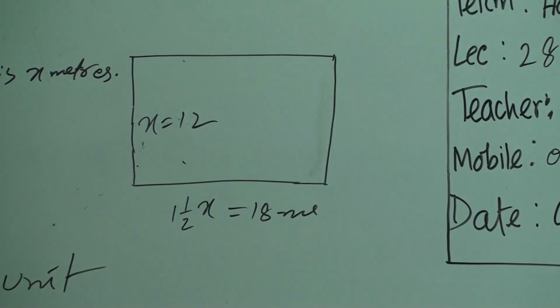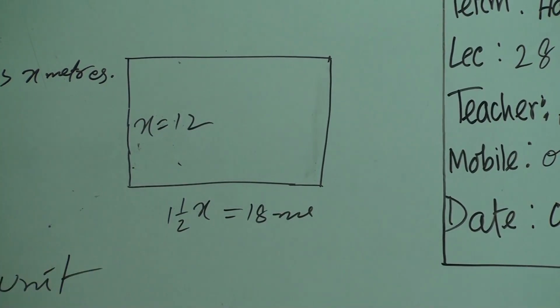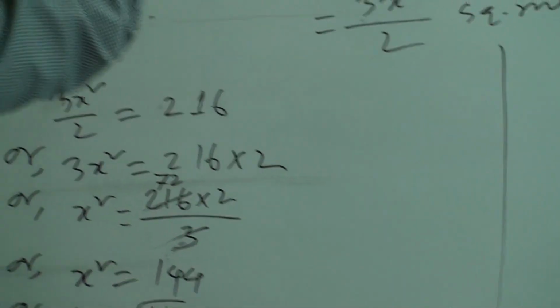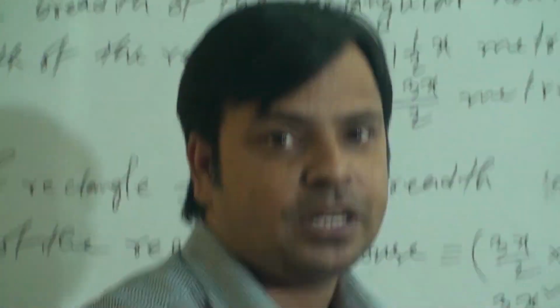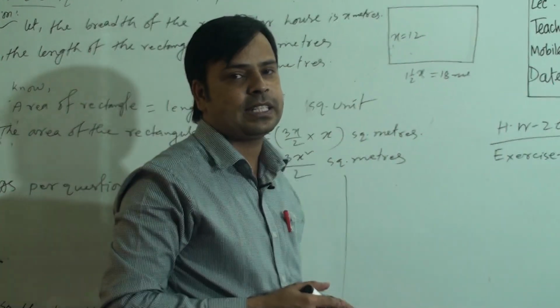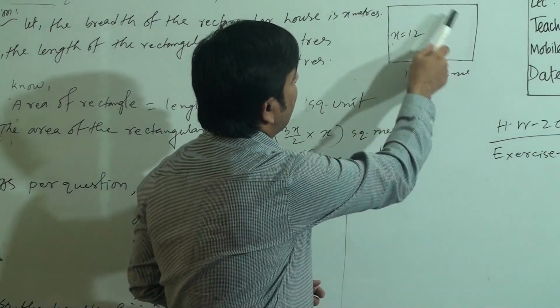Dear students, we need to determine the perimeter of the house. What is its perimeter? So at first we have to know what is perimeter. Perimeter means the sum of the length of these four sides of the rectangle. Perimeter means sum of the length of all sides.